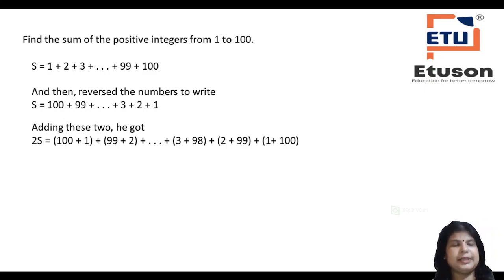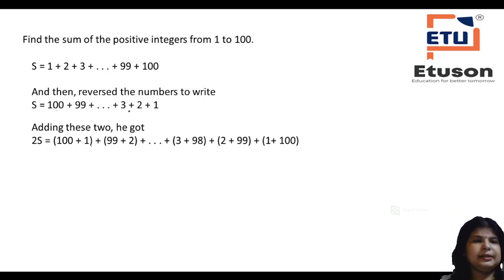Can you check it now? Here there is 1, here 100. So first term, 100 plus 1 within the bracket. Second bracket, 2 plus 99 we have written. Similarly, you will have 3 plus 98. Correct or not?